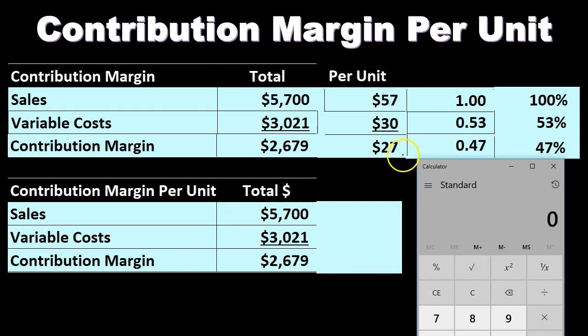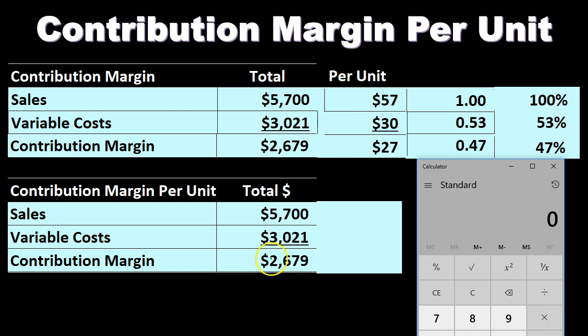We did this on a per unit basis. That's what our definition said. But of course, we could do the same thing with the relationship between the total sales and variable costs, because the ratio is the same. In other words, if every unit was sold for 57 and the variable costs were all 30, then the relationships will be the same.